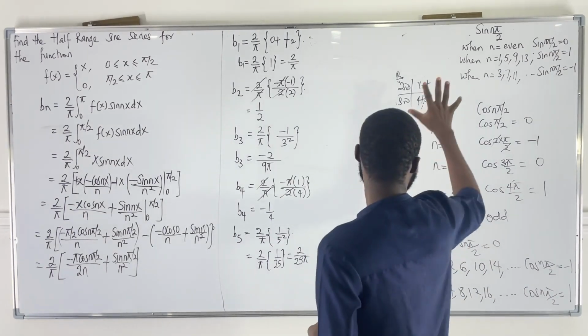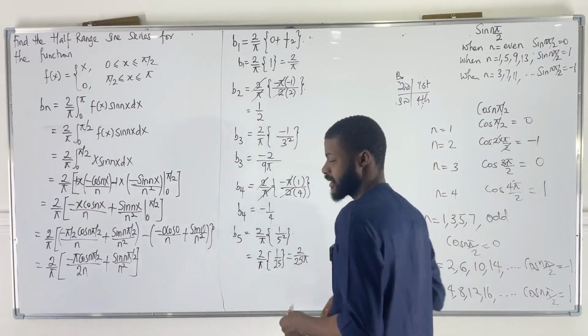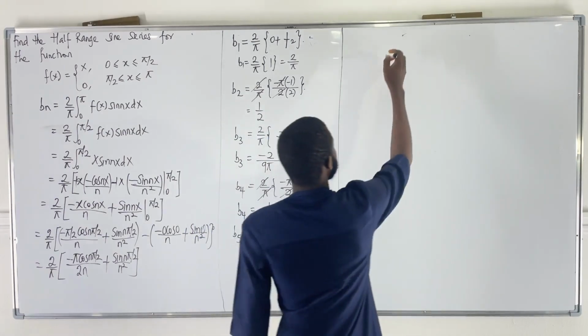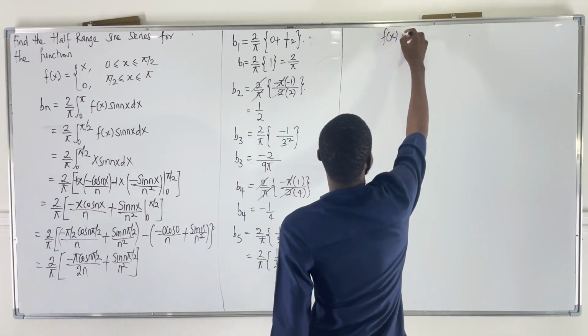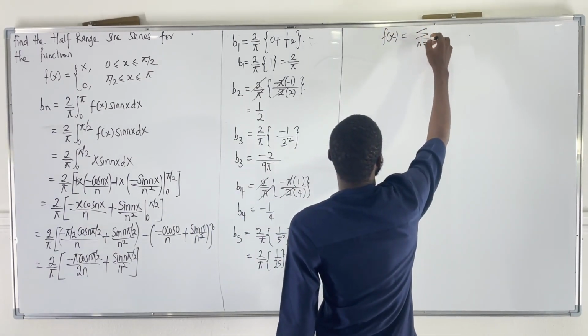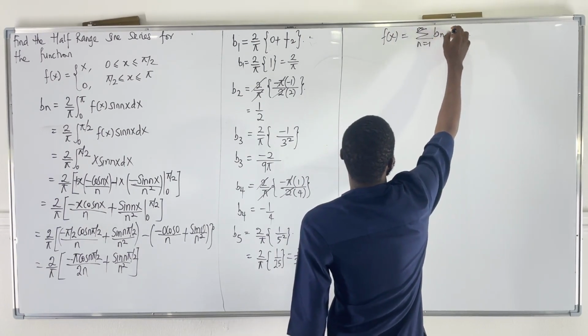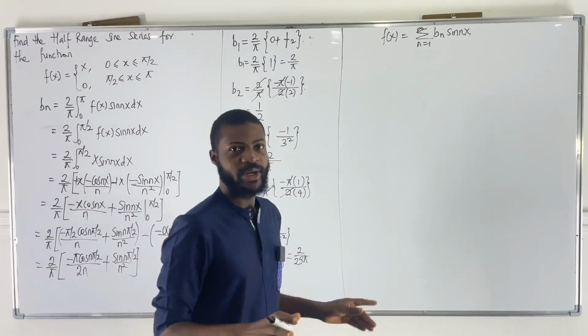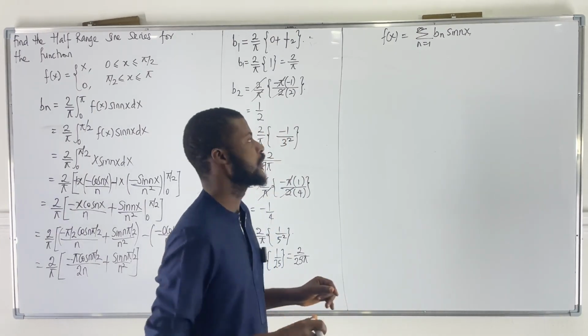So let us now get the Fourier series expansion of this. I'm going to wipe this part out, and this other side out. So now the Fourier series expansion would be f of x equal to the sum from n equal to 1 to infinity of b sub n sine nx. So that's the Fourier series expansion.